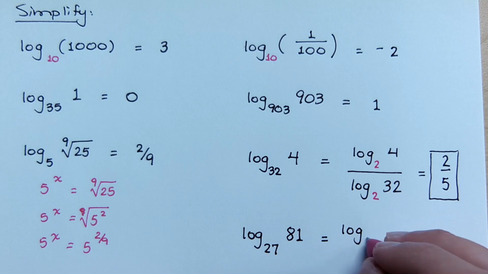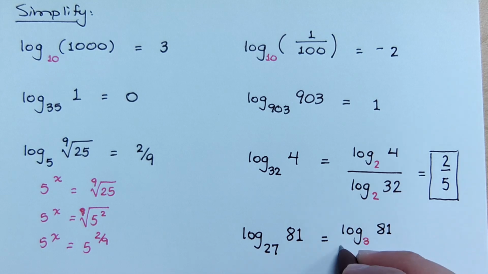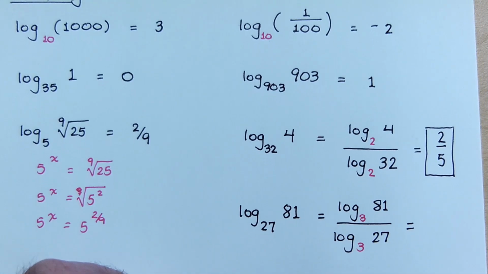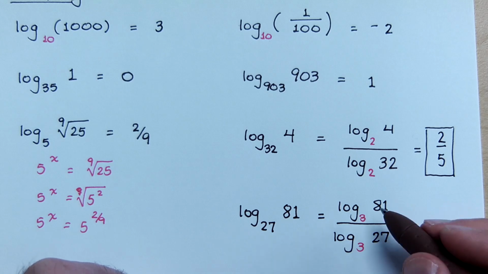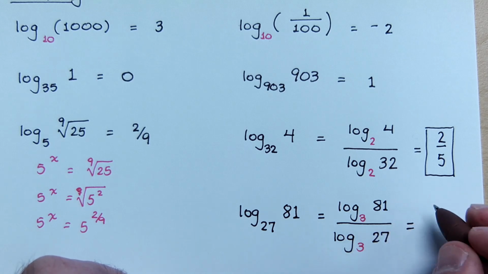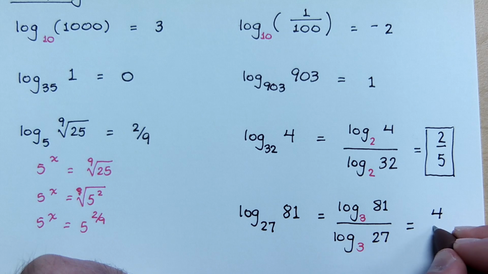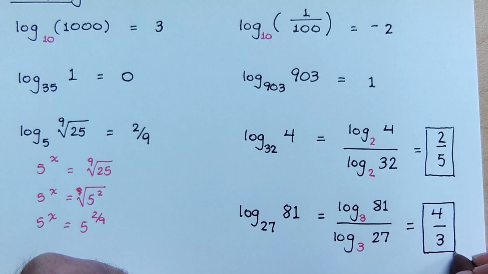So that's log base 3 of 81 in the numerator over log base 3 of 27 in the denominator. If you know your powers, it's pretty simple to work through these problems. What's the power of 3 that gives you 81? 4, and the power of 3 that gives you 27? 3. And there we go.